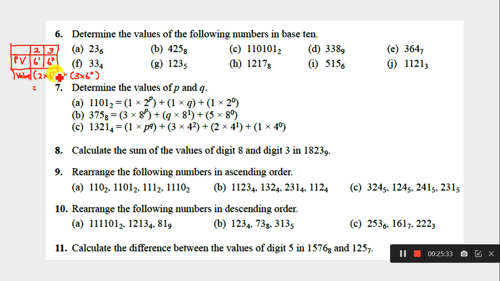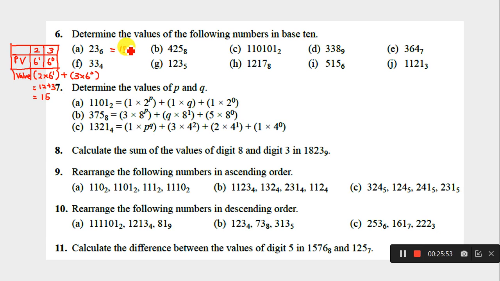Then 2 times 6 to the power of 1 is 12, plus 3 times 6 to the power of 0. So 6 to the power of 0 is equal to 1. 3 times 1 is 3. So the answer is 15. So the answer for A is 15.